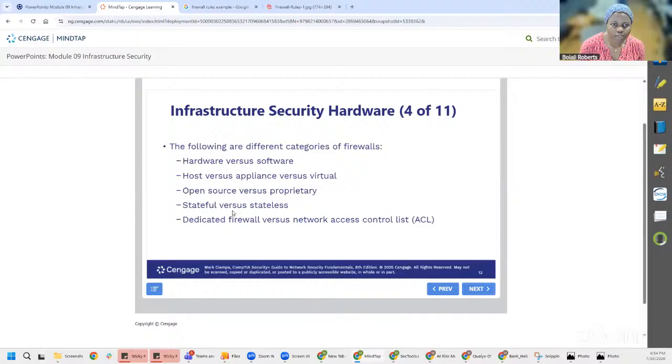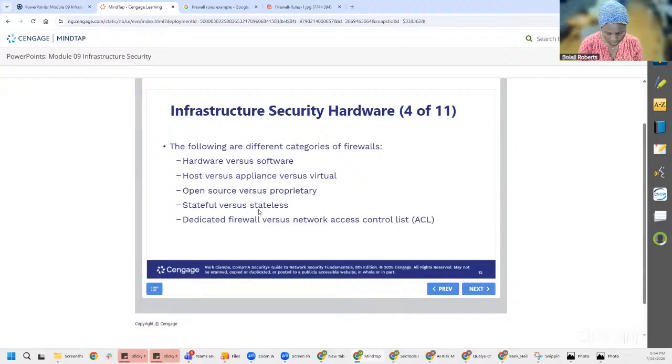Then it could be stateful or stateless. Stateful means that it keeps a state of the request that comes in and the request that goes out. So it knows which device is asking for what.